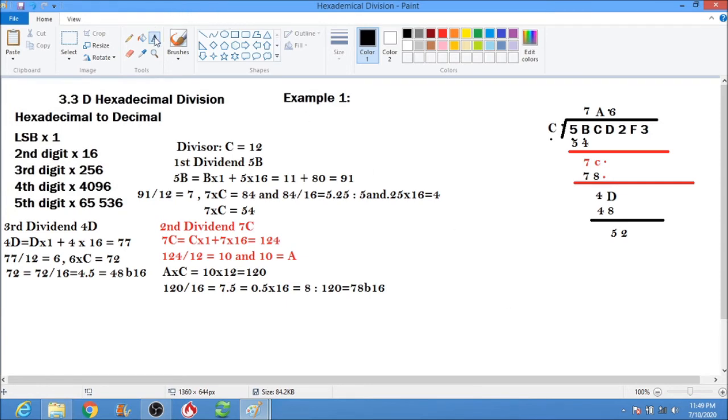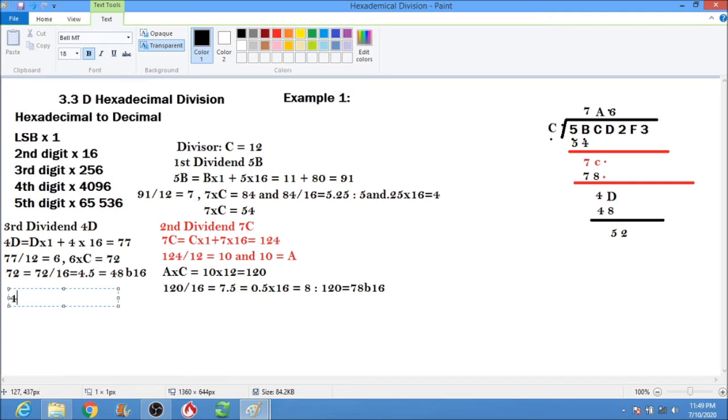So 52, again, our fourth dividend is equal to 52.